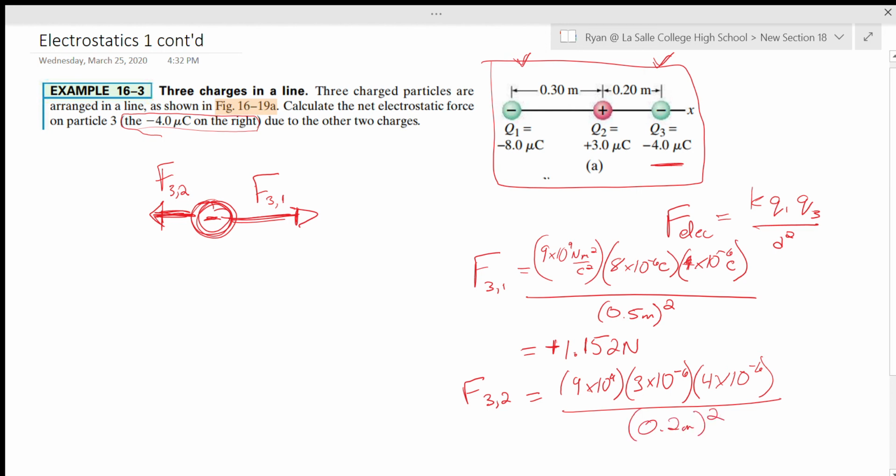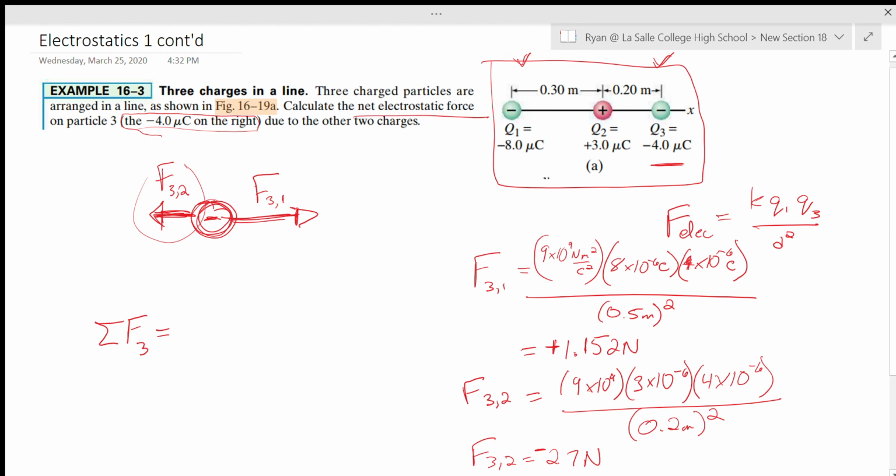And when we work this one out, we end up finding that force 32 is equal to 2.7 newtons. That's going to be a negative. It's negative because it's to the left. That's what we said it was going to do, because it's going to be attracted to Q2. So then we sum those forces, and that's what the question's asking, find the sum of the forces on 3, the net electrostatic force.